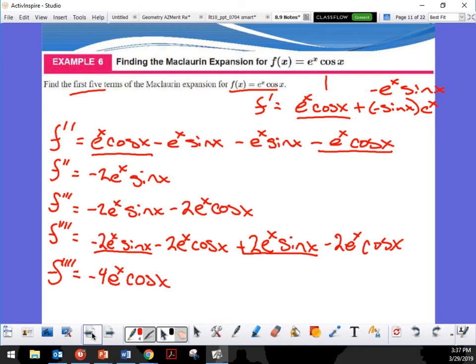Yes. So, fifth derivative. That's going to give me negative 4e^x cos x, and plus 4e^x sin x. All right, so what do we get there? We get what? Negative 4. Okay.